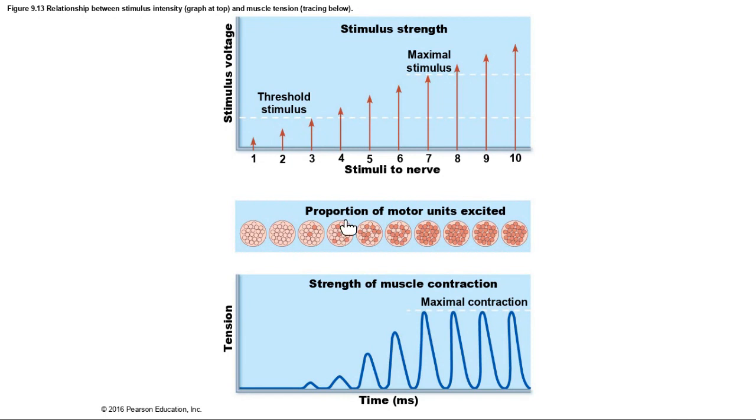In spatial summation, it's not that you're having an increased number of action potentials going to one cell. It's that you're having an increased number of muscle fibers over a certain space being stimulated at the same time. So you can imagine if you're having more and more muscle cells being stimulated over a certain space in that muscle, that's going to increase the strength of that overall muscle contraction.